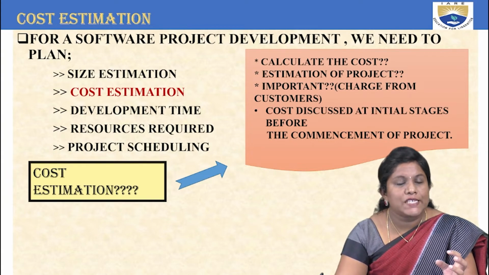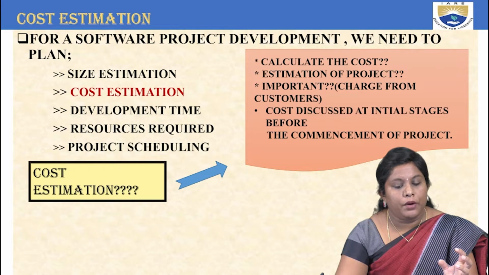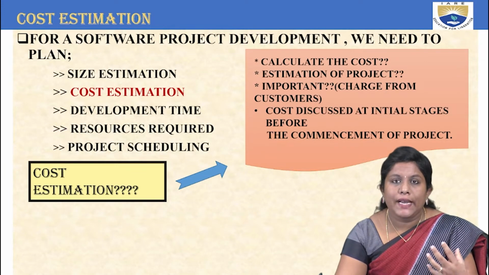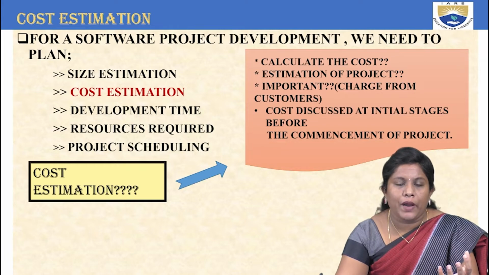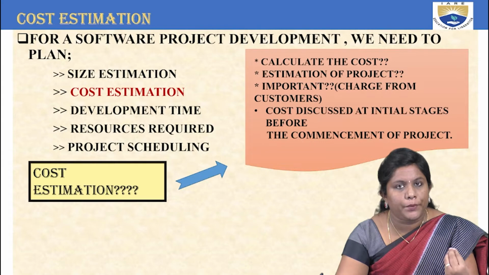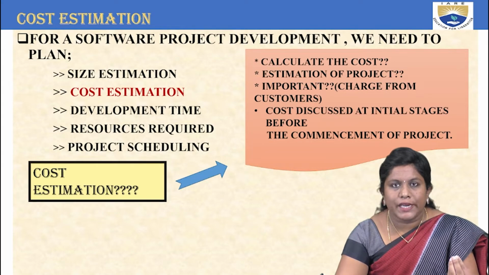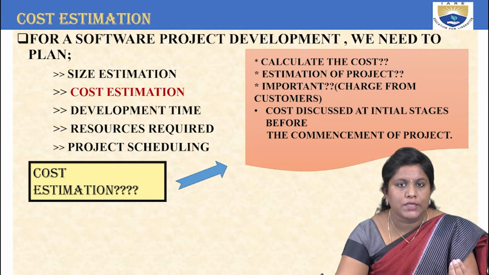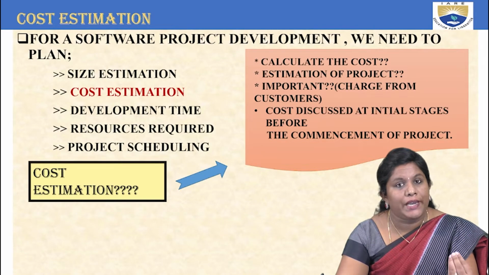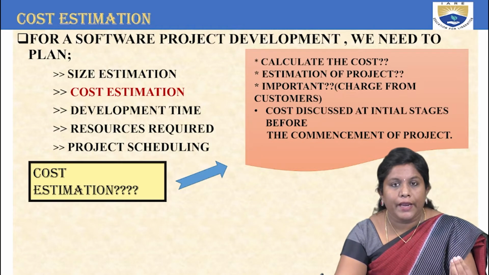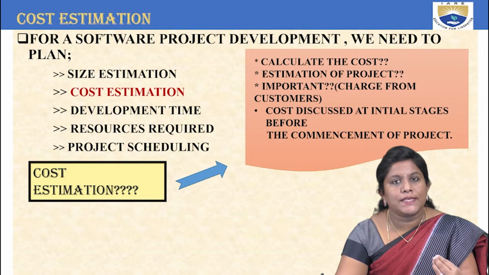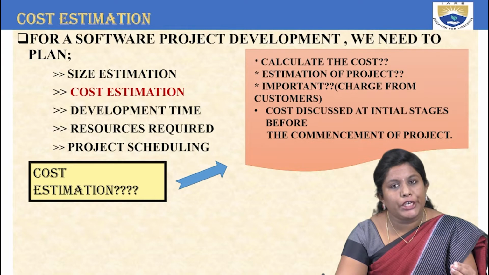For any software development or project development, you require a plan, right? Why do you require a plan? So that you can estimate the size of the particular project, and once you know the size, you also have to know about the cost: how much time it is taking to develop a particular project, what resources are required for the project development, and how you are scheduling them.